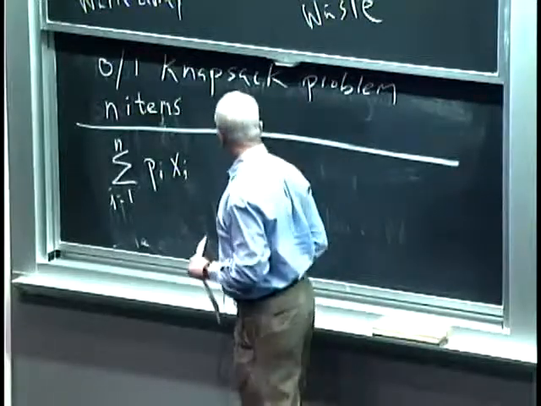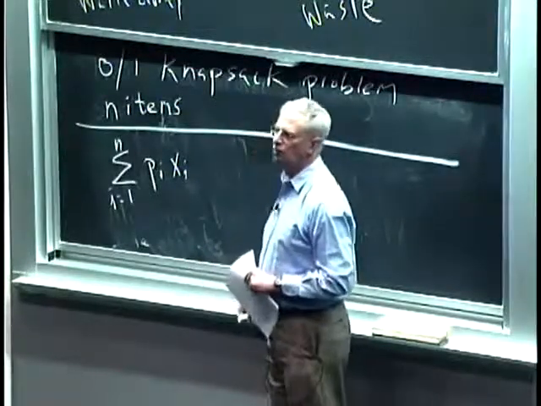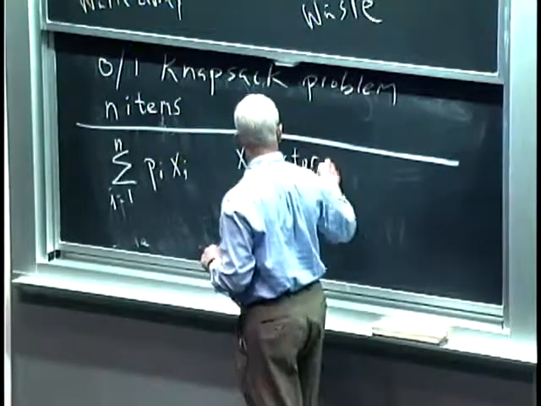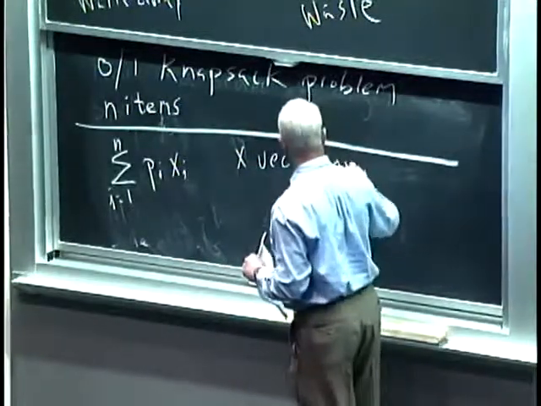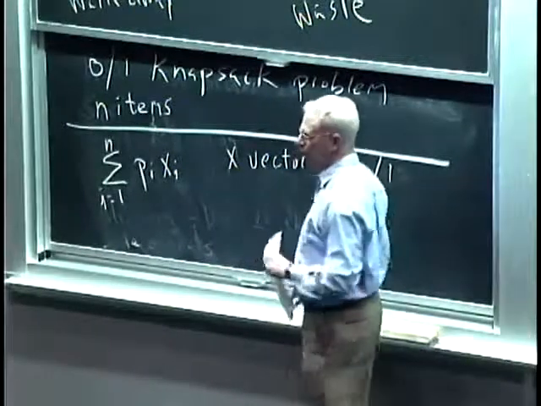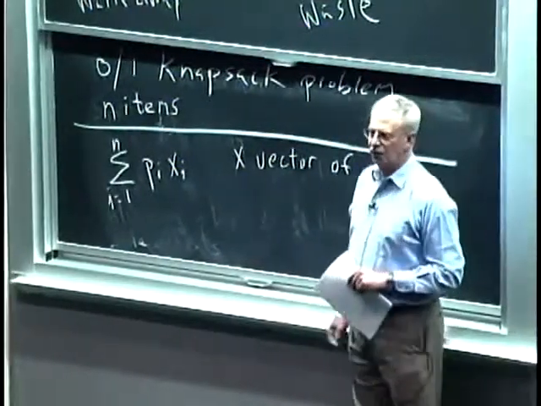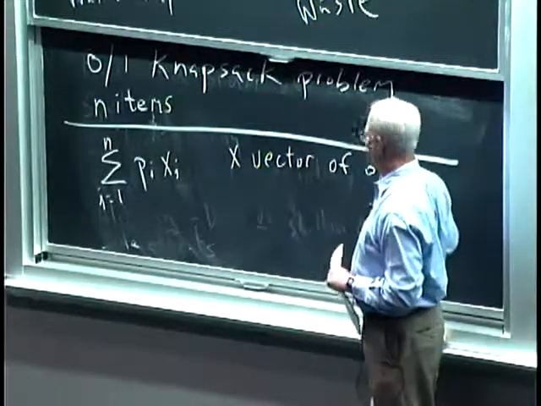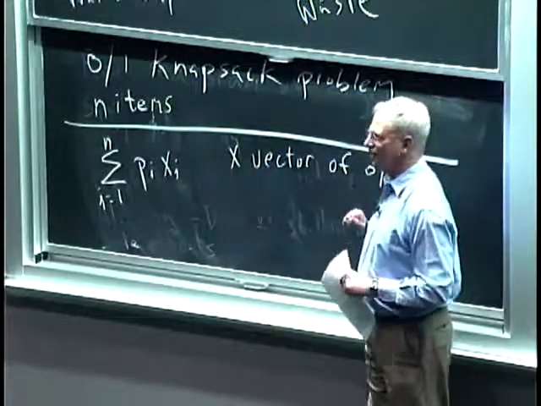So think of x as a vector of zeros and ones. Hence the name of the problem. If I'm going to keep that item, item i, if I'm going to take it, I give it a 1. If I'm not going to take it, I give it a 0.